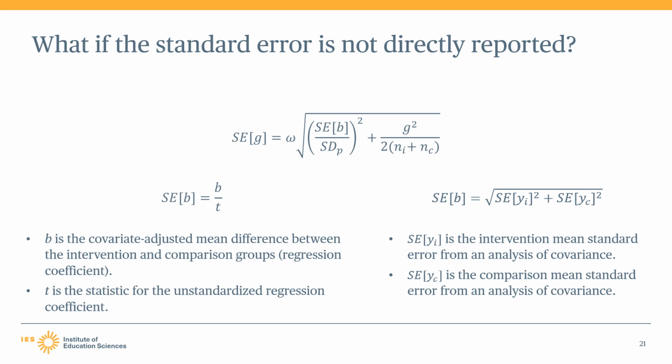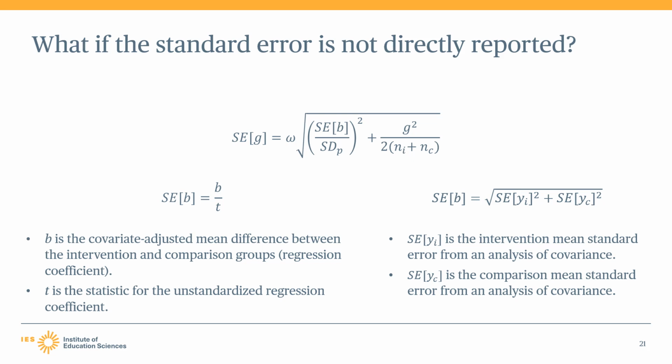If study authors do not report the standard error of the regression coefficient, but instead report the t-statistic for the unstandardized regression coefficient, then the WWC can calculate the standard error as B, the unstandardized regression coefficient, divided by t.